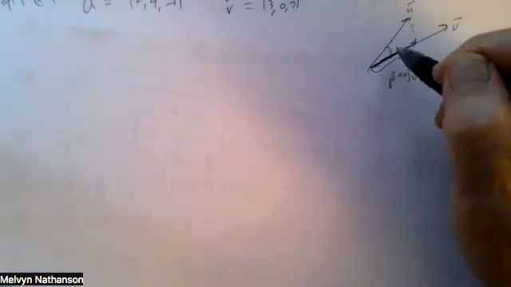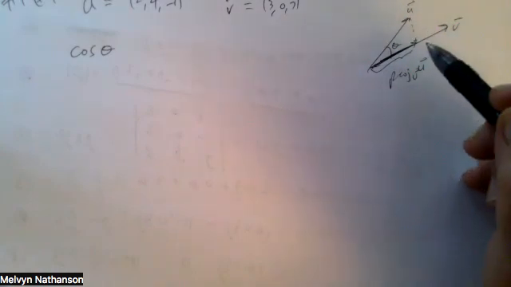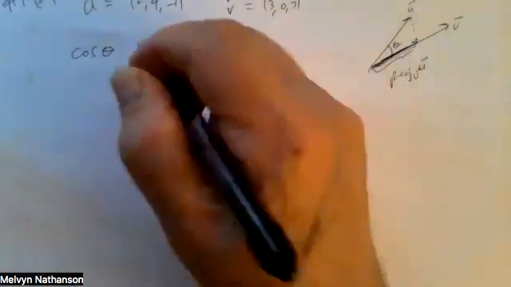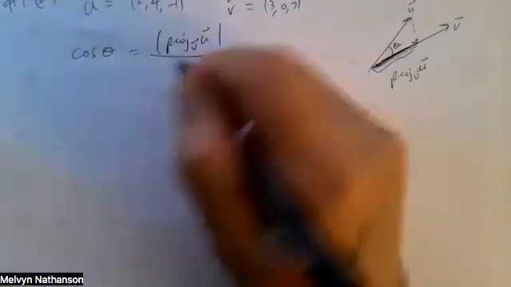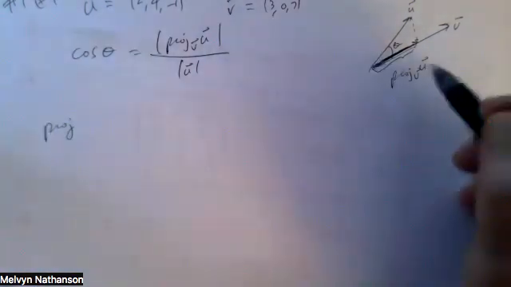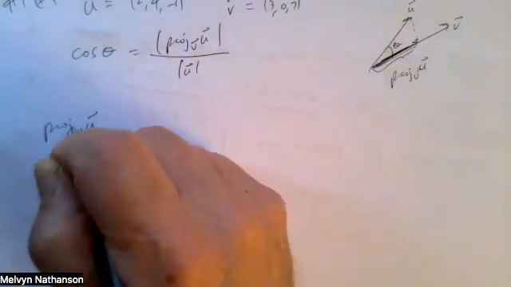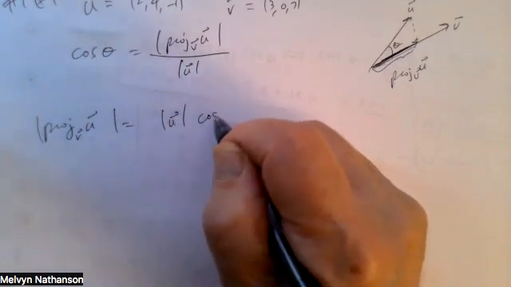Well, if this is the angle theta between U and V, the cosine of theta is the length of this projection over the length of U. That's the definition of the cosine. So the length of this projection of U in the direction of V is equal to the length of U times the cosine of theta.